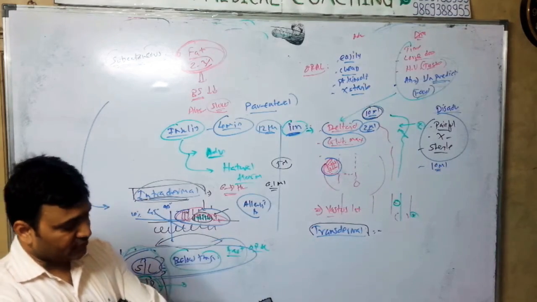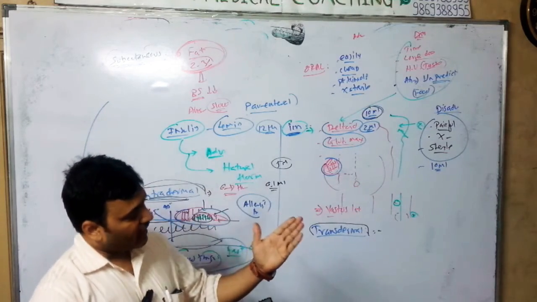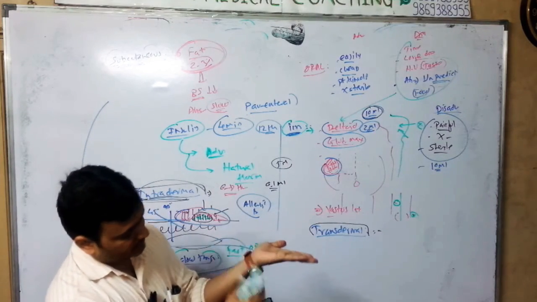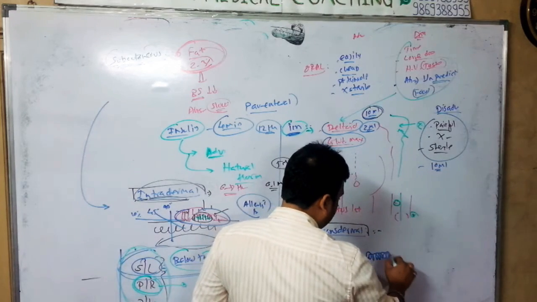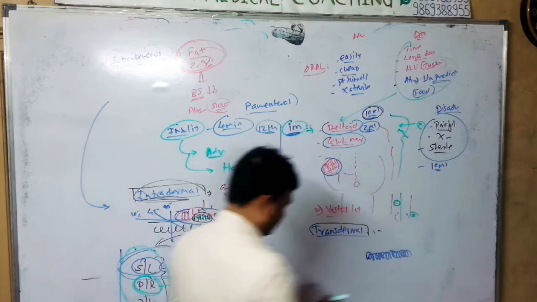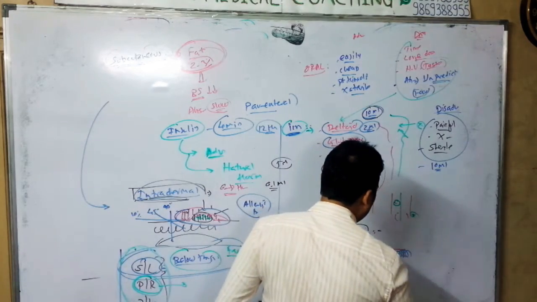We apply a patch on the skin. Let's say this is a patch, and we are seeing it from the side, the thickness of the patch. The drug is stored here. It has a plastic coating on it so that the drug doesn't go out.